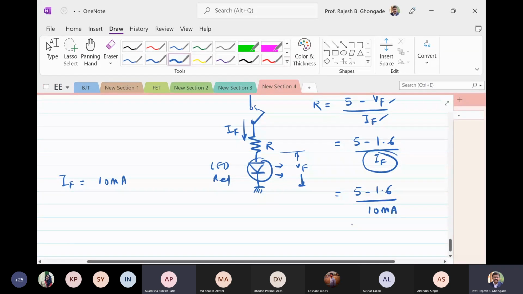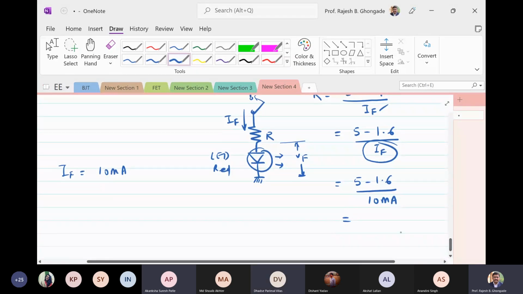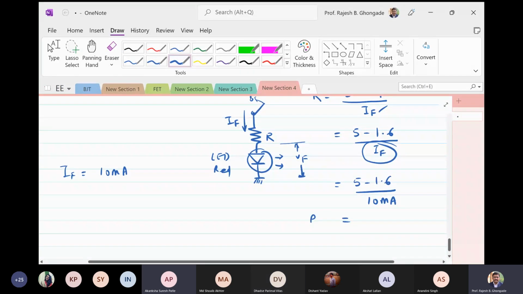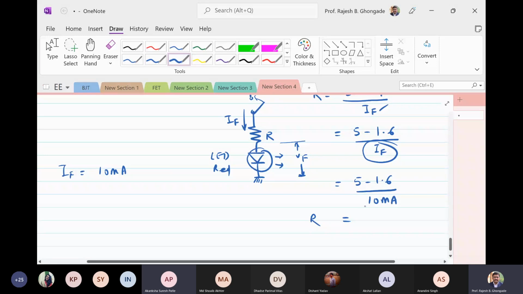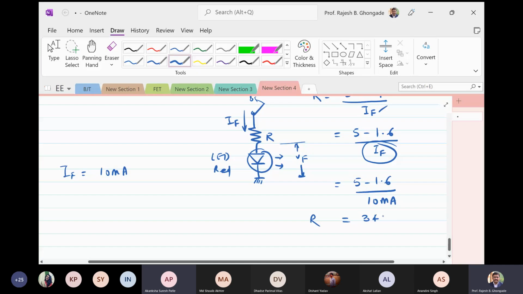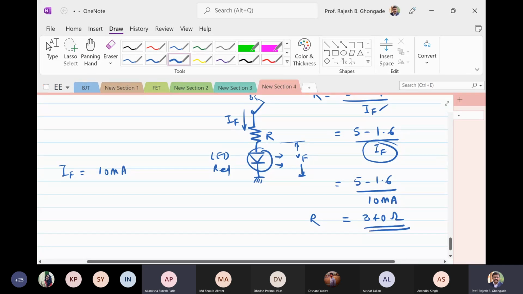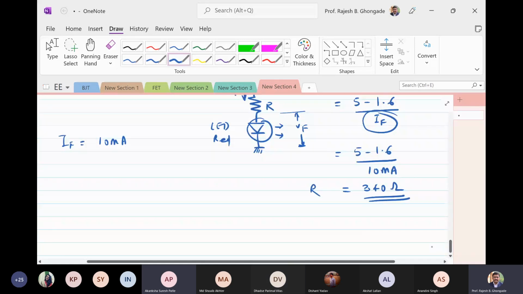Can you find out the value of resistance? This is 3.4 divided by 10 milliamperes. This comes out to be 340 ohms. That is your answer. So that is how you use the LED.